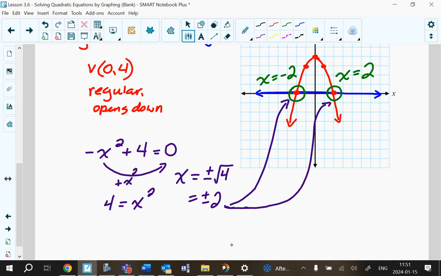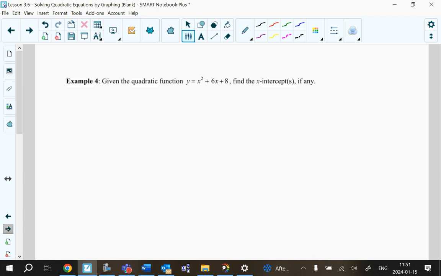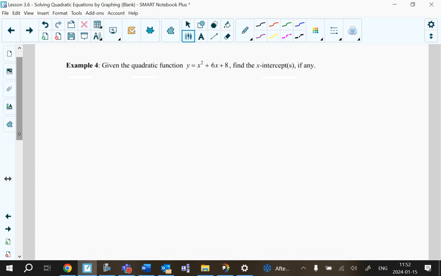Notice all the points that we've been finding are all on the x-axis. Like in the first one, the solution was on the x-axis. The second one, there was no solution. And then the third one, both of them were on the x-axis. Okay? What we call points on the x-axis are x-intercepts.